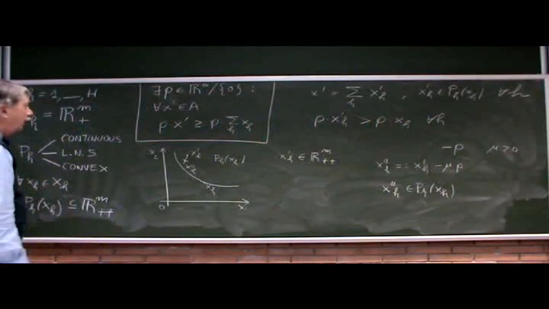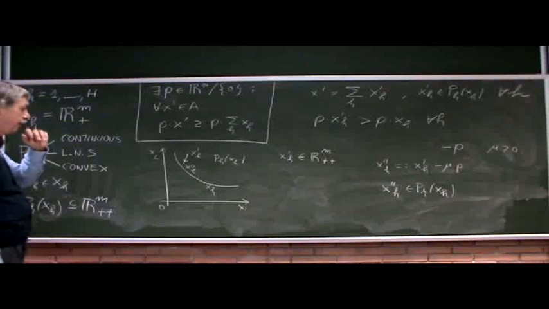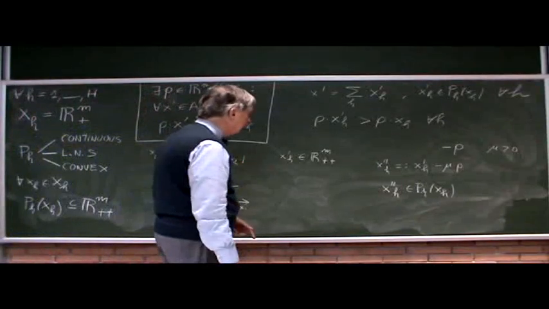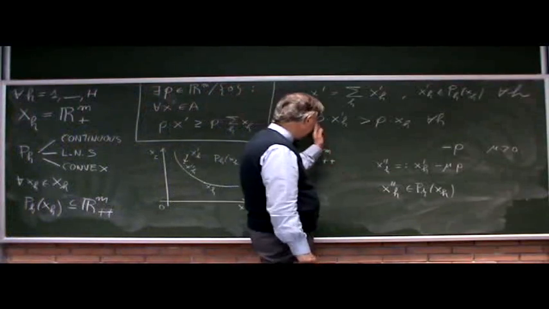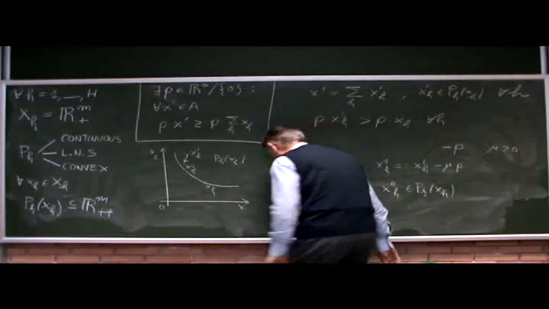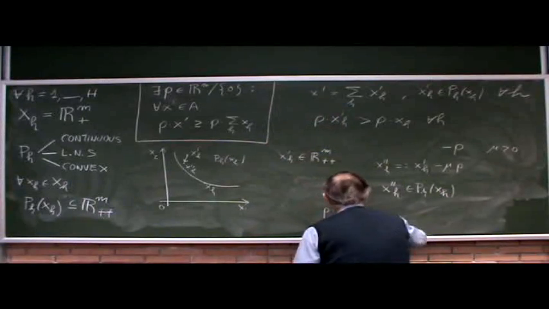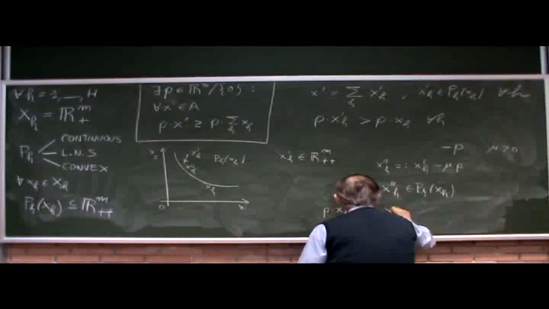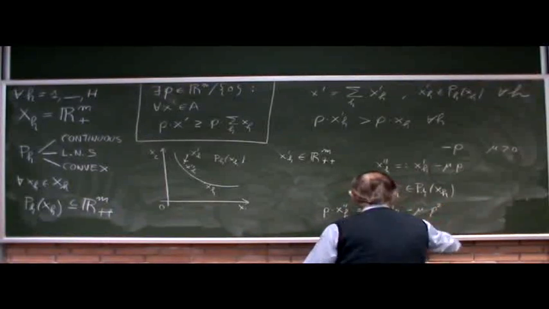Well, put attention. This is a fundamental point. No, another step. Then I shall repeat all this first part of the proof. Let us evaluate, according to the price system P, this vector. You have P times x double prime h, which is equal to P times x prime h minus mu times p squared.